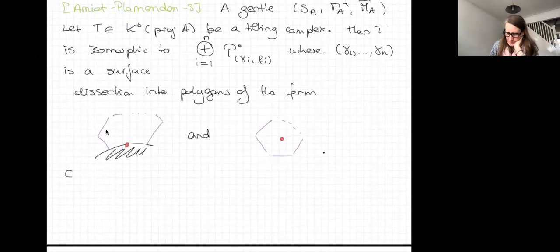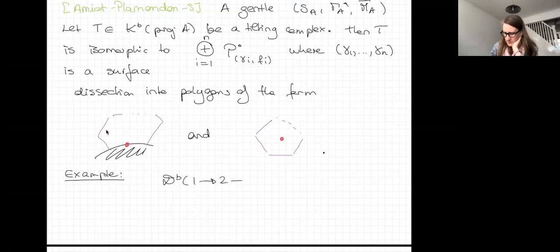Okay, so let's do an example. Yeah, I have time for an example. Okay, so let's take our favorite algebra, A, B, and we of course know that this is derived equivalent to the algebra where we have a relation here.